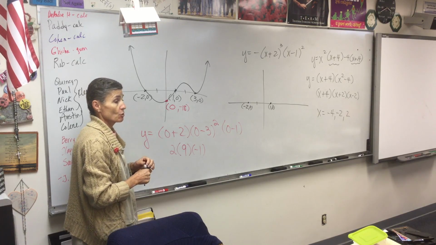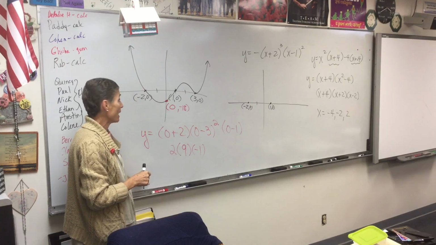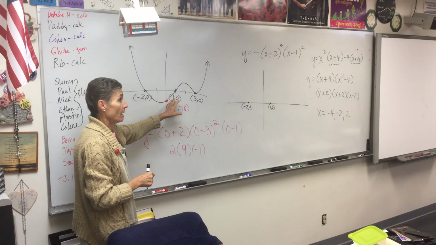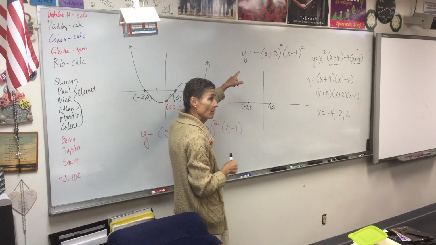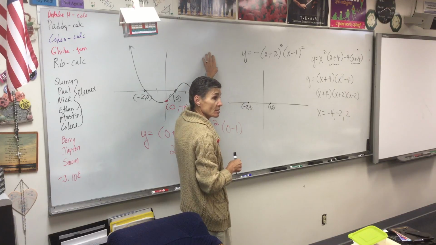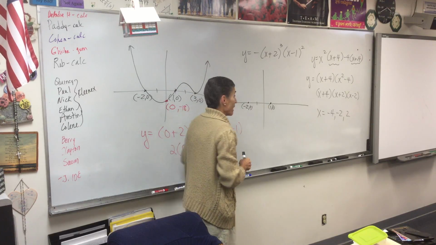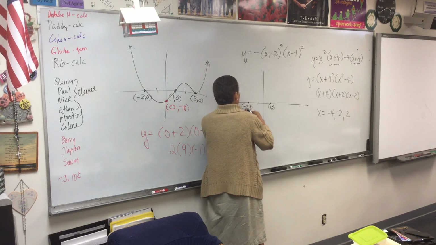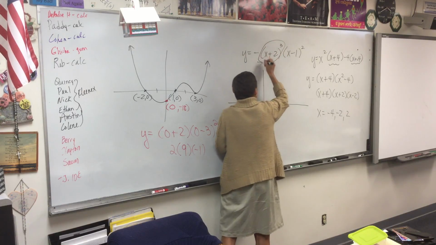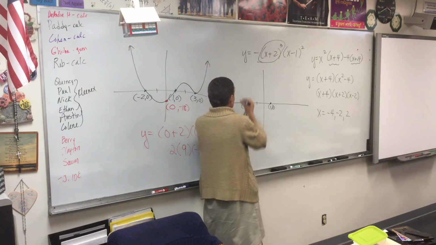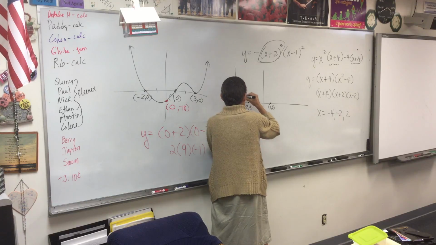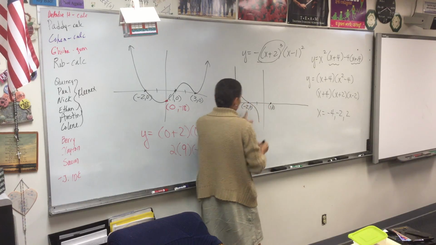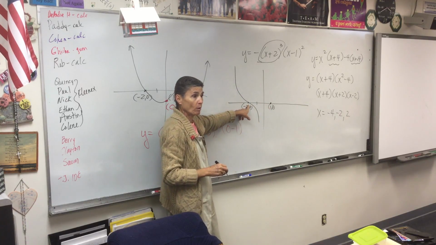5. So normally it would start down and end up. But I stuck a negative out there, which means it's going to start up and end down. So that guy right there came from a cubed factor, right? So as this comes down, it's going to curve its way through that point.